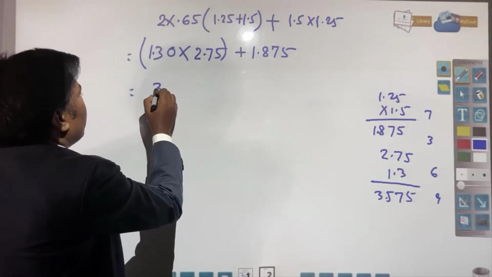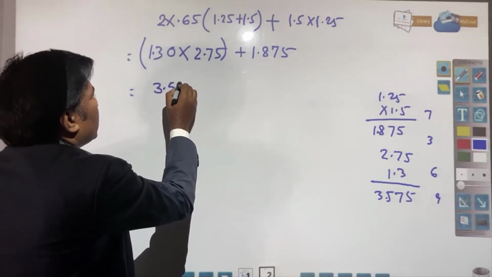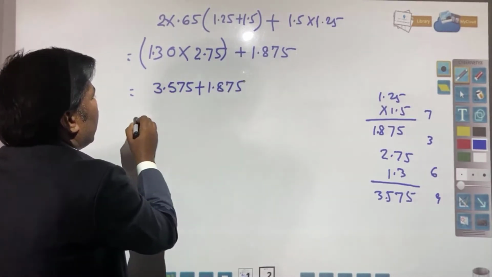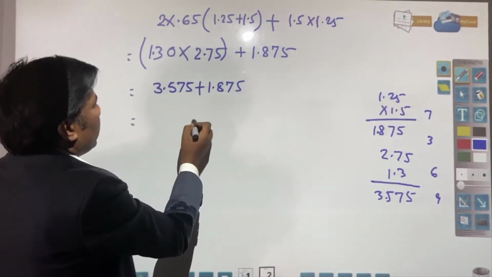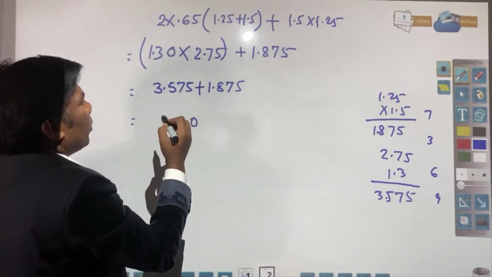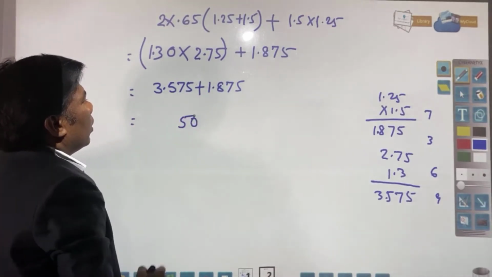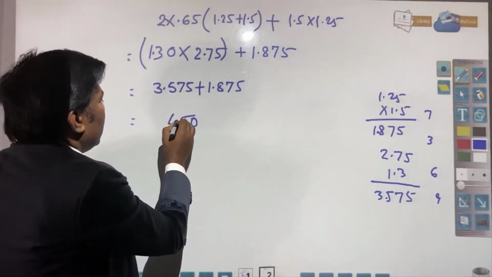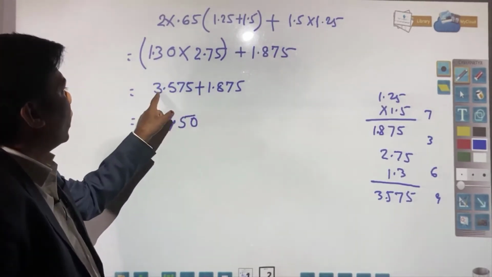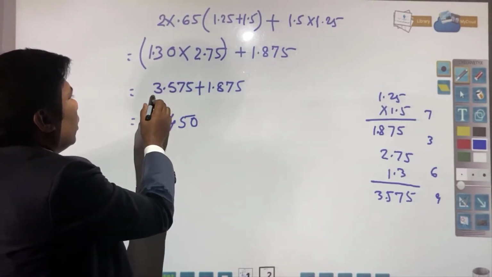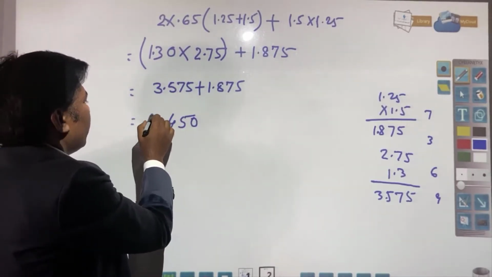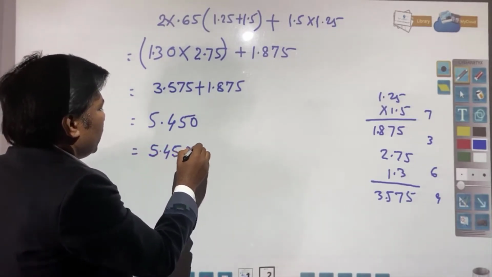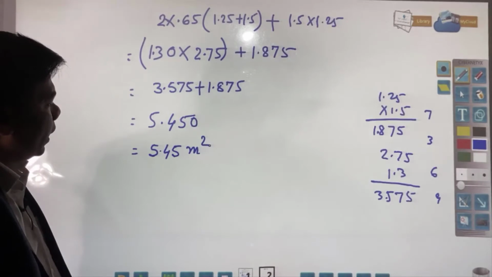So this will be 3.575 plus 1.875. If we add this, what will we get? 5 and 5 10, 7 and 7 14 and 1 15, 8 and 5 13 and 1 14, 1 you are having, 1 and 3 will be 4 and 1 5. So this will be 5.45 meter square. So surface area you have got.